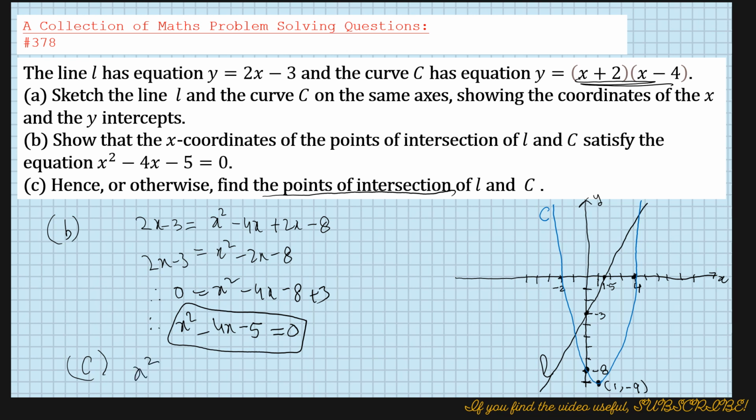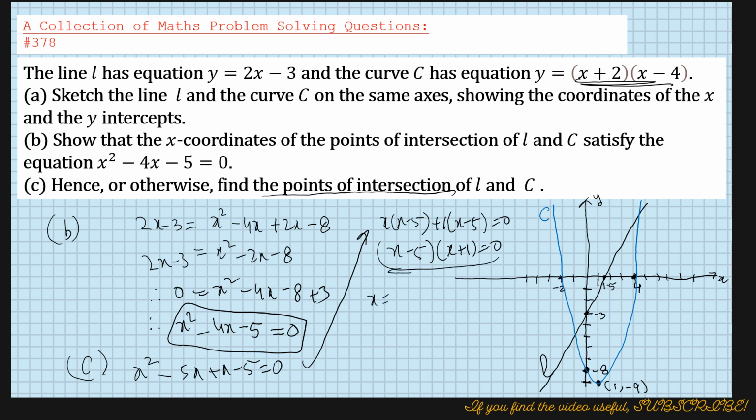So that would be x squared minus 5x plus x minus 5 is 0, and from there we get x times x minus 5 plus 1 times x minus 5 equals 0, so x minus 5 times x plus 1 equals 0. So x would be 5 and minus 1.